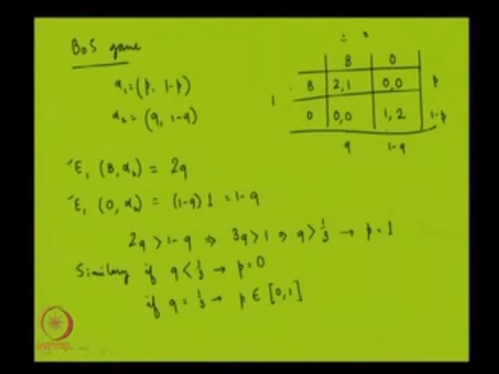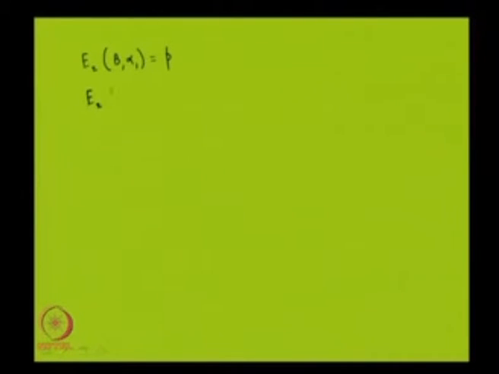If he is playing O, then with 1 minus P probability he is going to get 2. So, if this is higher than this, that is, P is higher than 2 minus 2P, then Q is going to be equal to 1, right? This expected payoff is higher than this expected payoff, so player 2 is going to attach probability 1 to the first action, which is B.